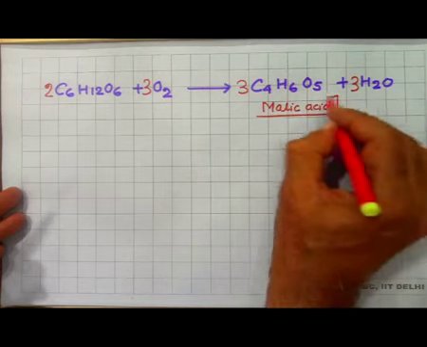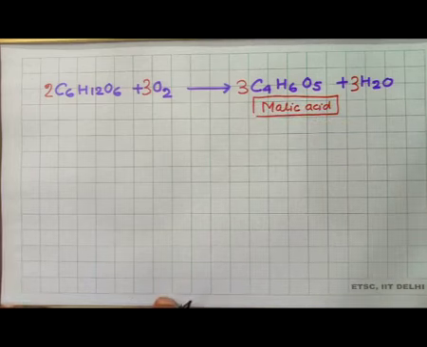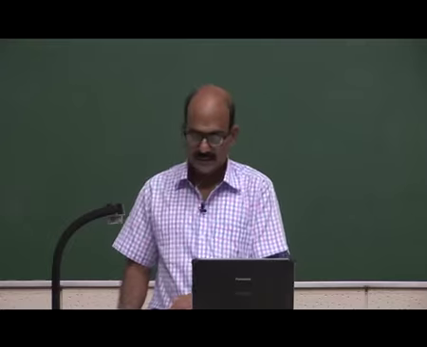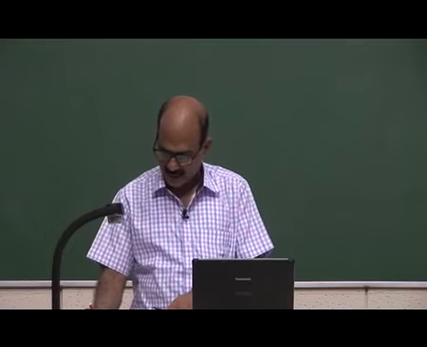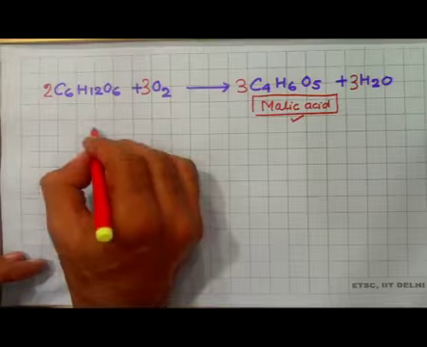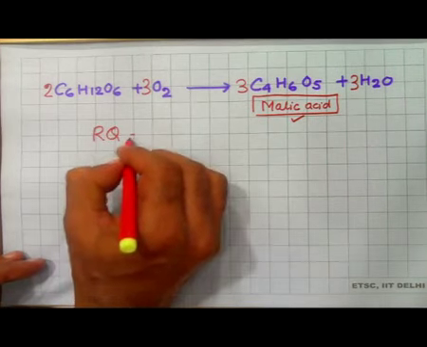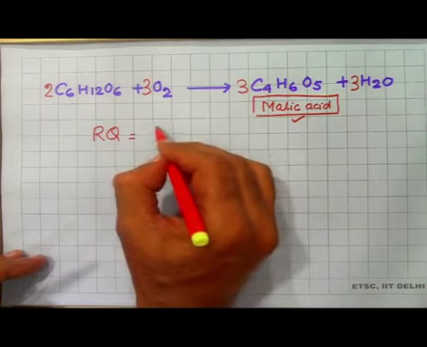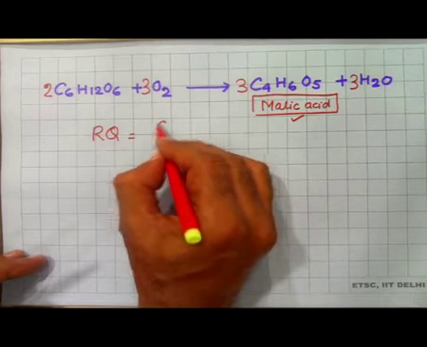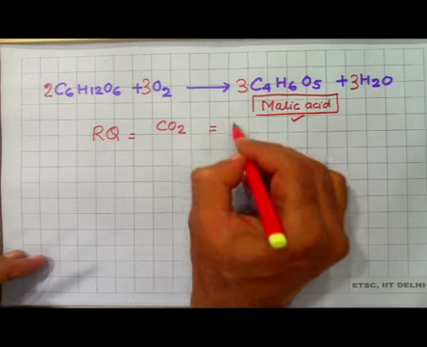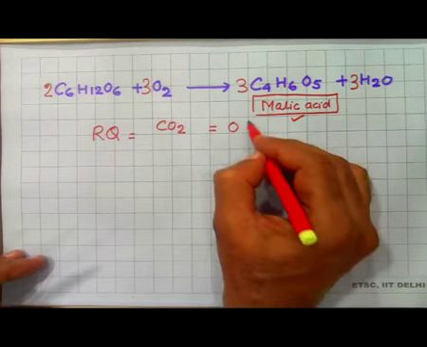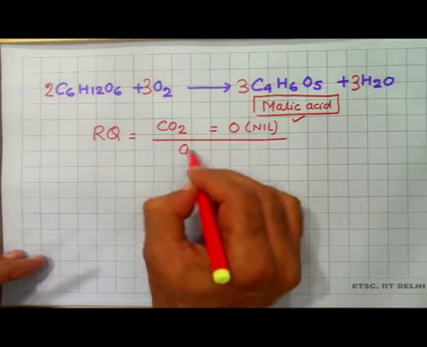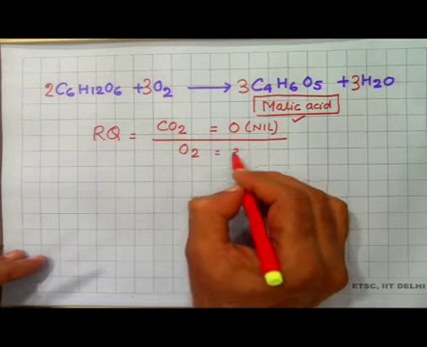Malic acid we have already discussed; it is the product of the C4 cycle, malic acid, aspartic acid. Now, what will be the value of RQ here? Here there is no carbon dioxide, so carbon dioxide is 0 or nil, and oxygen consumed is 3.